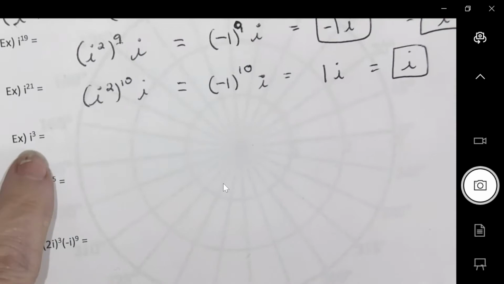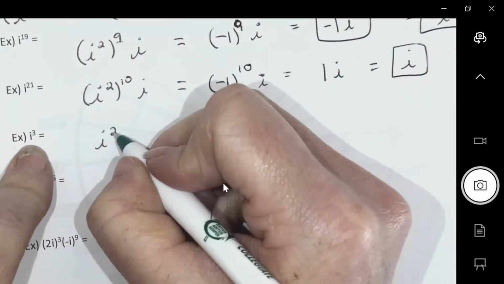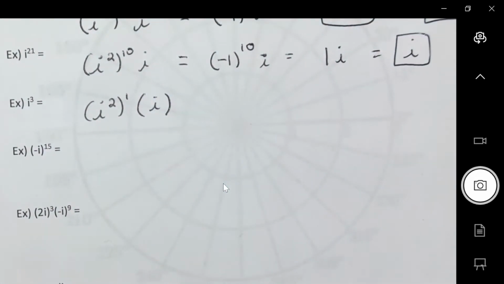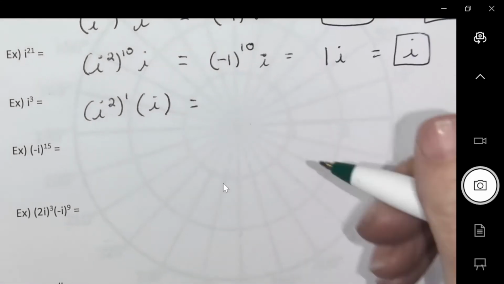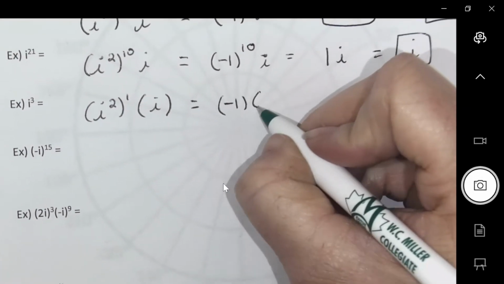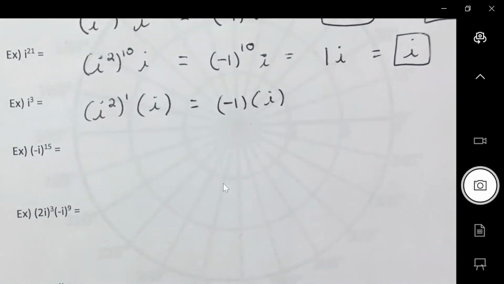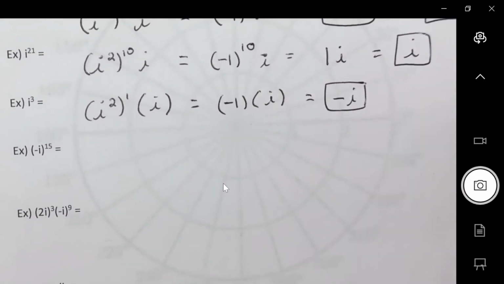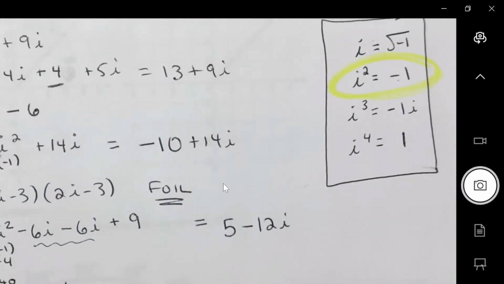Okay, i cubed, well this was actually one of our originals here, but that would be an i squared times another i, which means -1 for the i squared gets replaced with a -1. So this would be -i. Okay, and that's one of the original ones we had, right, in our box up there.